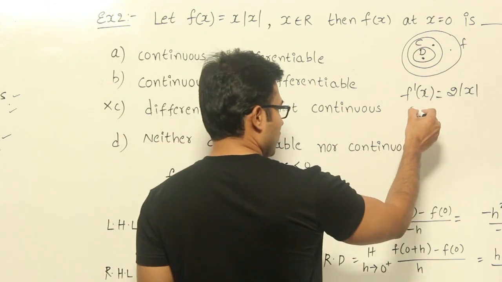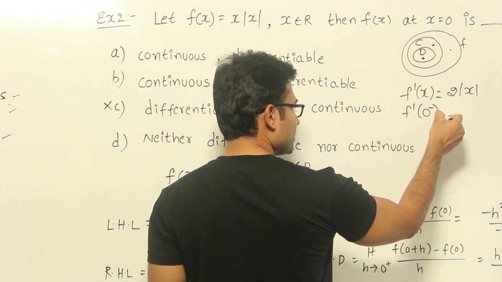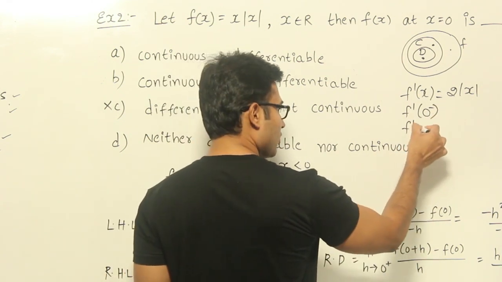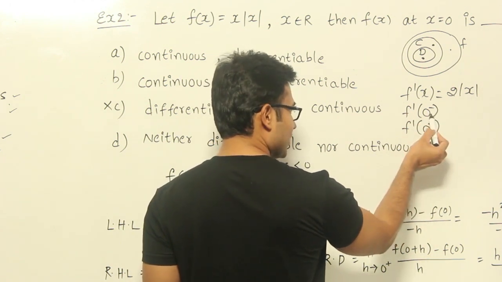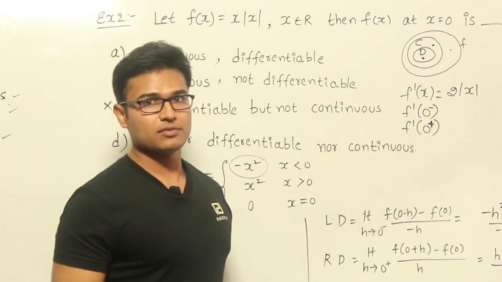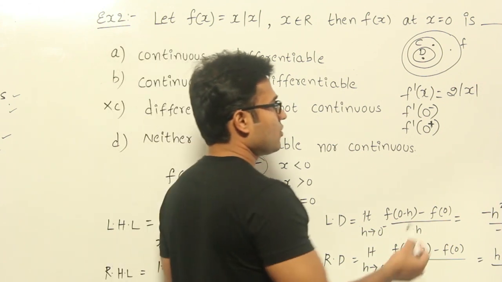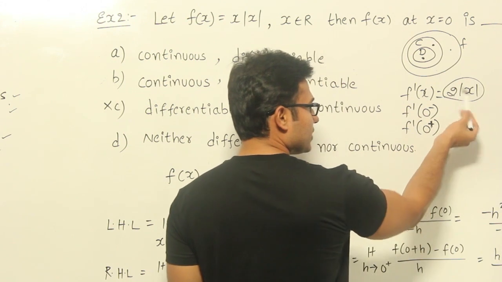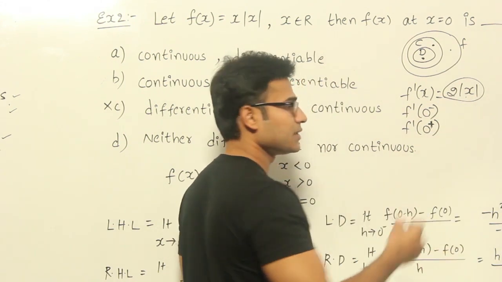Now try to find out what the value of f dash at 0 minus is, which is nothing but the left hand derivative, and what the value of f dash at 0 plus is, which is nothing but the right hand derivative. Left derivative and right derivative, we have to find these two. Now how to find these two is, find out what this function is when x is less than 0, and what this function is when x is greater than 0.